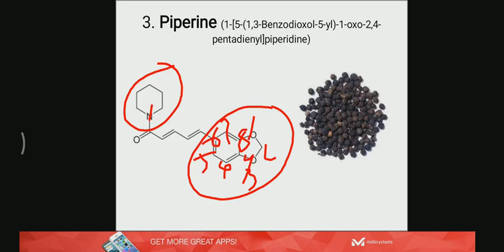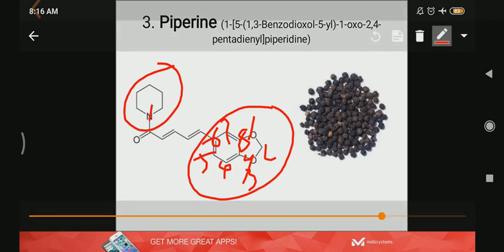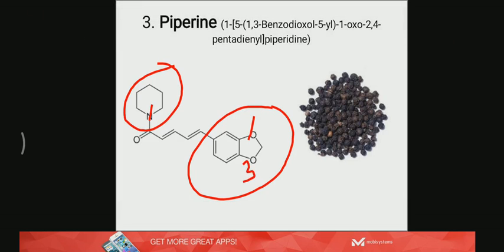Okay, so this is how it is numbered. So you can see that the positions of oxygen are 1 and 3. So it is 1,3-benzodioxole; 2 oxygens are there, so it is called dioxole. And what is 5-yl?